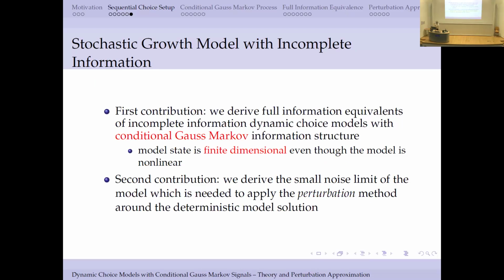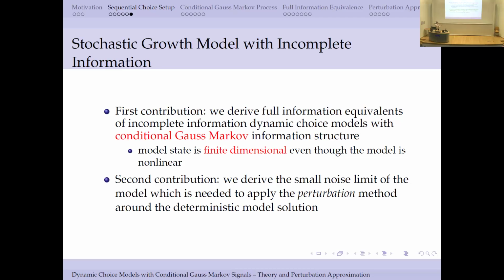So what we're going to do in this paper is to say, well, if we don't know how to solve and calculate approximate solutions to this incomplete information model, maybe we can first try to derive a full information equivalent to that model. So the first goal is to transform an incomplete information model into a full information model, and then use that full information equivalent to get an approximation to the policy function.